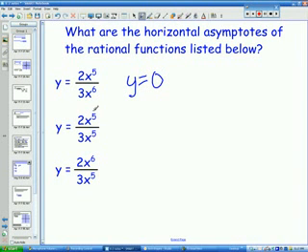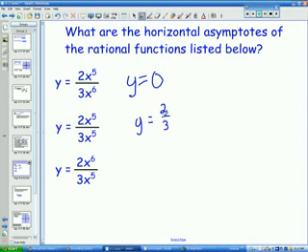Okay, so for the next one, the degree on the top is 5, and the degree on the bottom is 5, so the degrees are the same. So that means the equation for the horizontal asymptote is going to be 2 over 3. So the horizontal asymptote is going to be y equals 2/3.